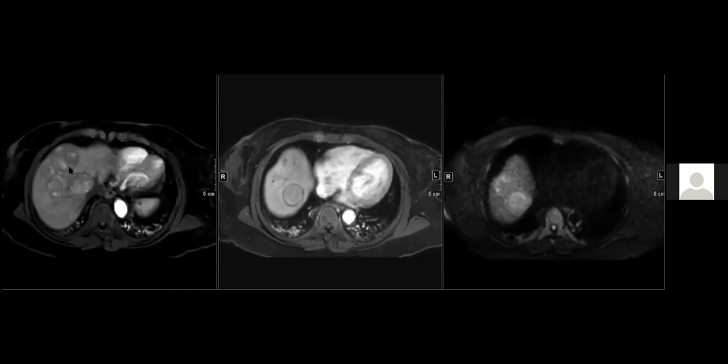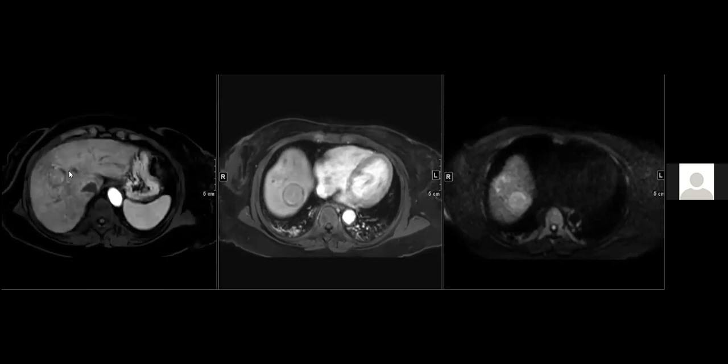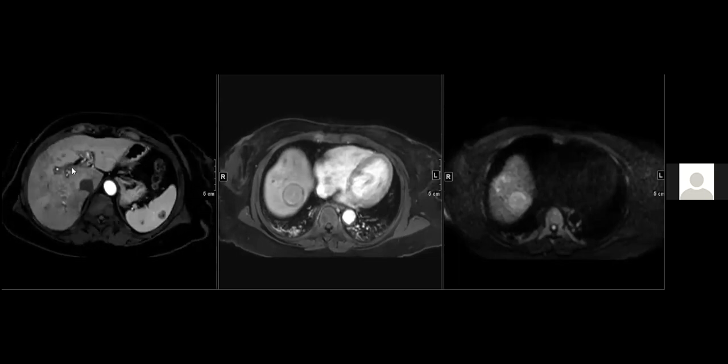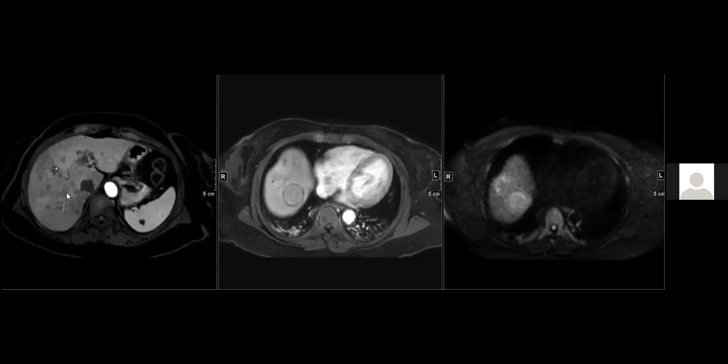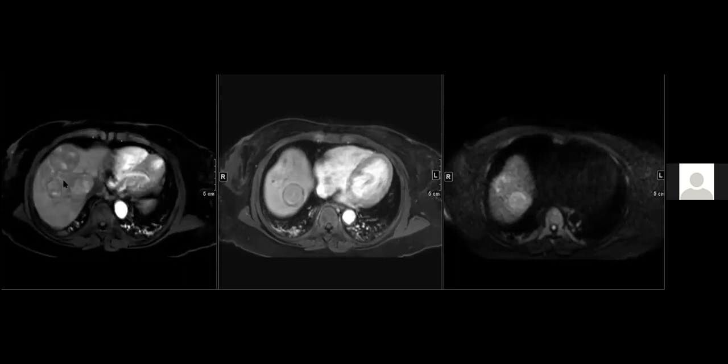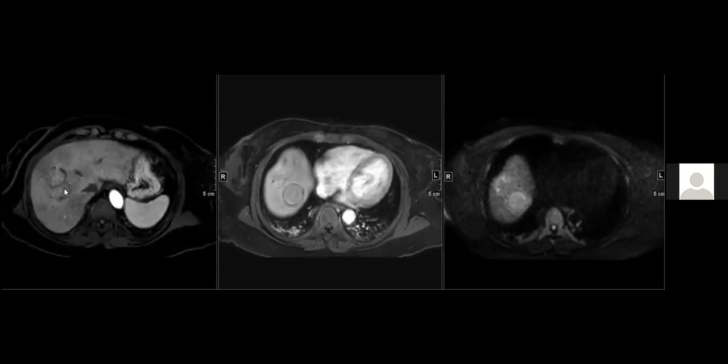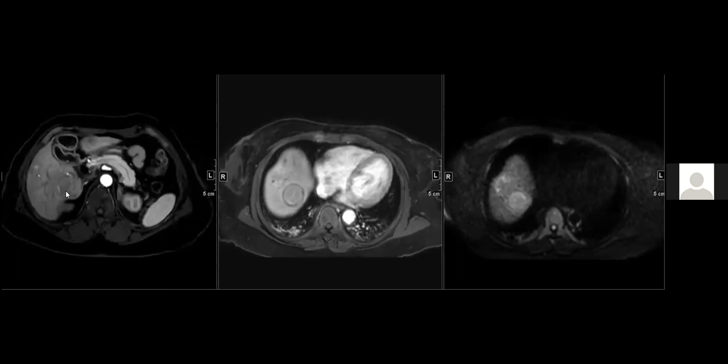And if you look carefully at all the other masses, many of them demonstrate a mosaic appearance, where you can see multiple internal septi and compartments. So these features are actually specific for HCC.